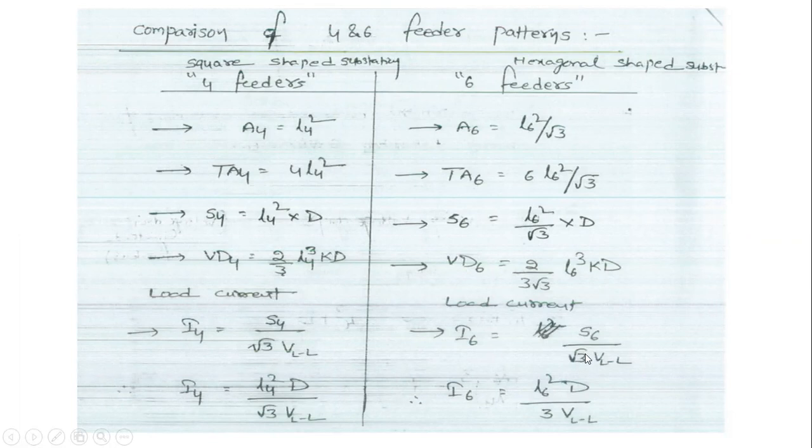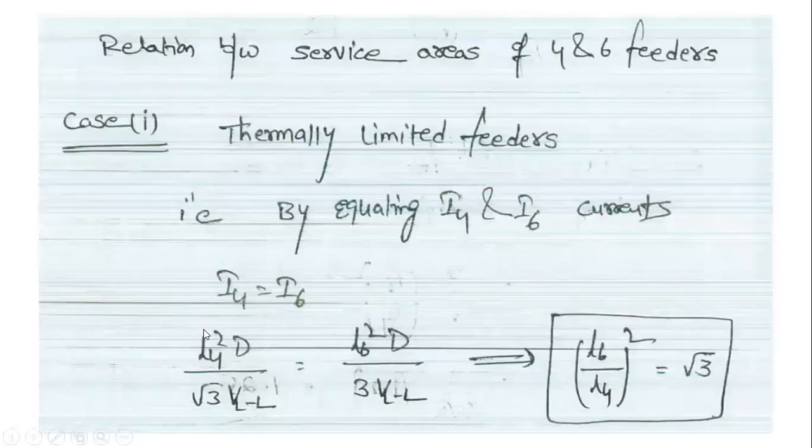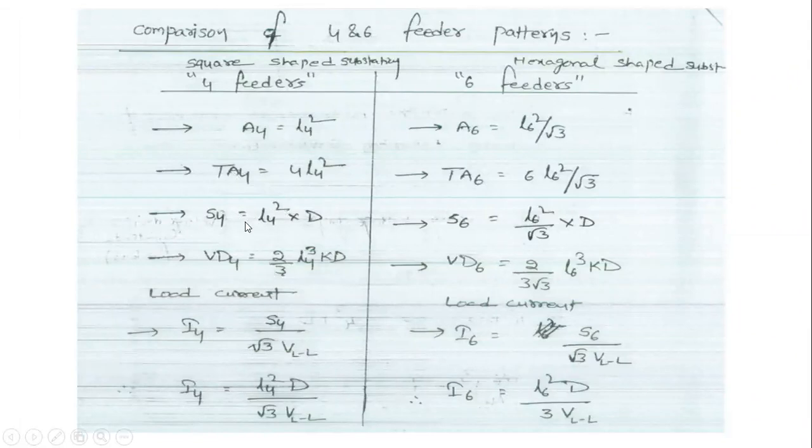I6 equal to S6 by root 3 into V. Therefore, substitute the S4 value, L4 square into D, by root 3 into V. Then I6 is equal to S6 value, that is S6 equal to L6 square by root 3 into D, by root 3 into V. Root 3 into root 3 is 3, so 3 into V. This is the comparison between the 4 and the 6 feeder patterns.